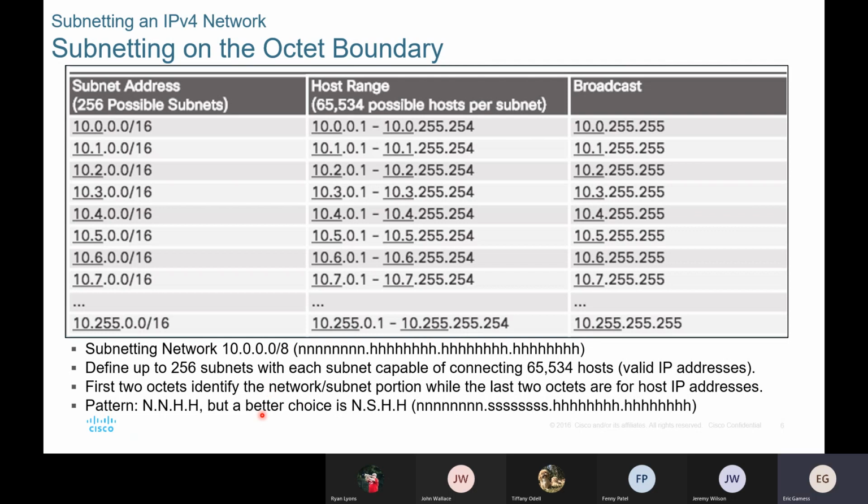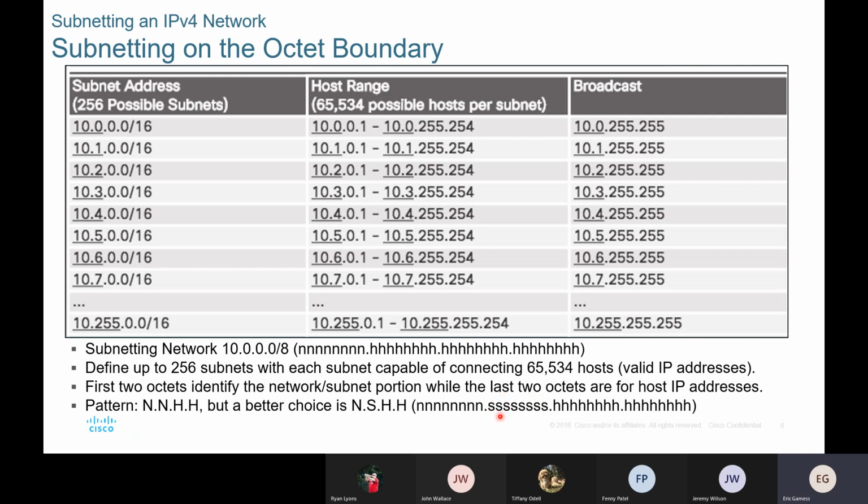So look at what happens. The initial pattern is 8 bits for the network part and 24 bits for the host part. I'm going to borrow those 8 bits and convert them into network bits. Instead of saying network bits, we say subnet bits.